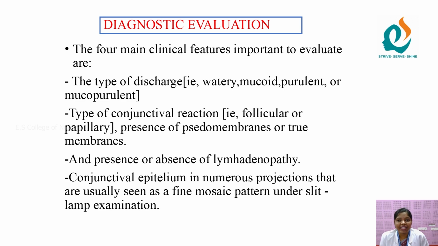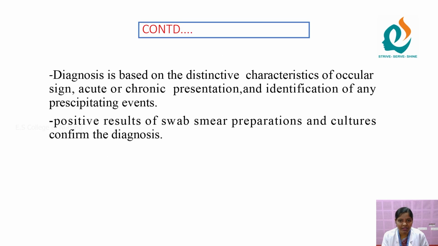Next we move on to the diagnostic evaluation. The four main clinical features important to evaluate are the type of discharge, for example watery, mucoid, purulent or mucopurulent; the type of conjunctival reaction, follicular or papillary; presence of pseudomembrane or true membrane; and presence or absence of lymphadenopathy. The conjunctival epithelium shows numerous projections usually seen as a fine mosaic pattern under slit lamp examination.